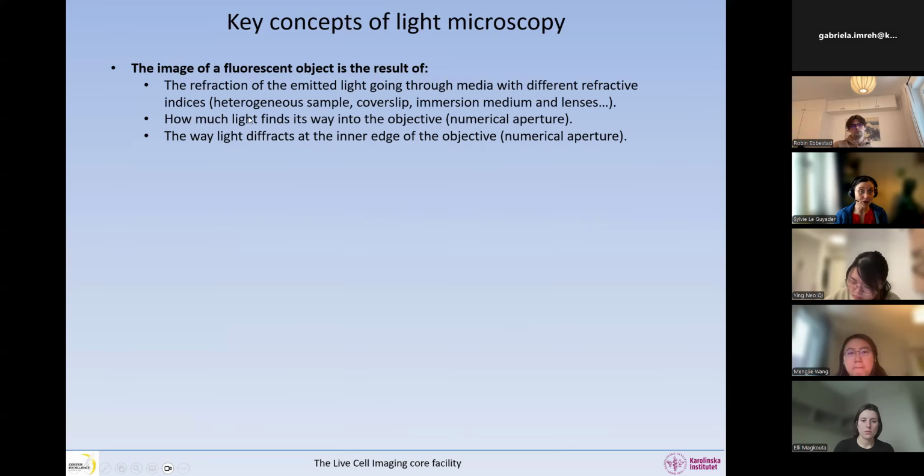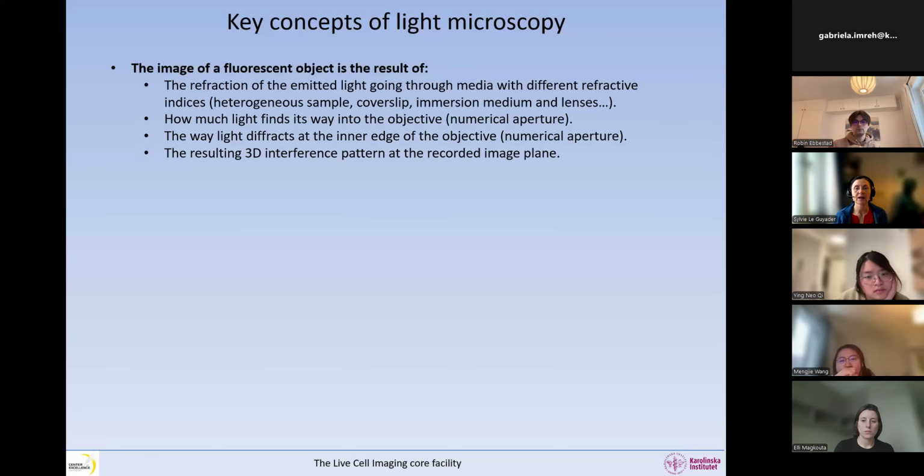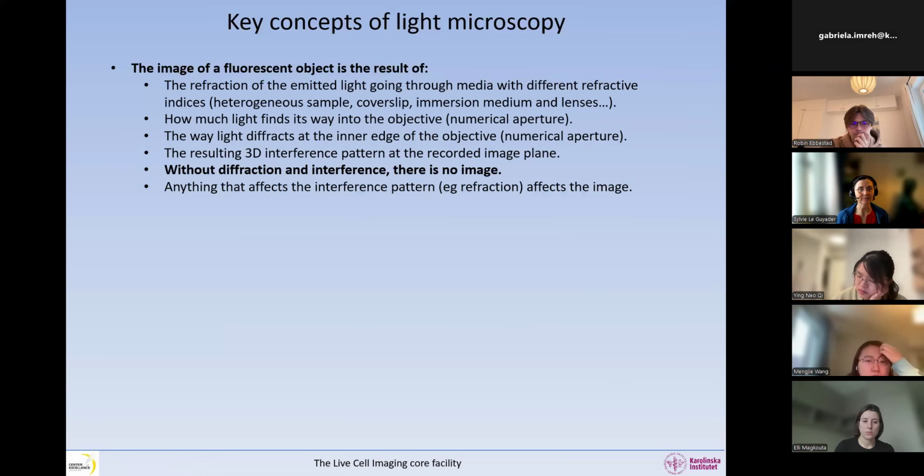So this one is how much light, so that's the brightness, and also the way it diffracts. And so it depends on the 3D interference pattern that we record at the image plane. So this means that without diffraction and interference, there is no image. Okay, what we are recording is diffraction and interference. Without that, we don't have an image. That's it. So we have nothing to image.